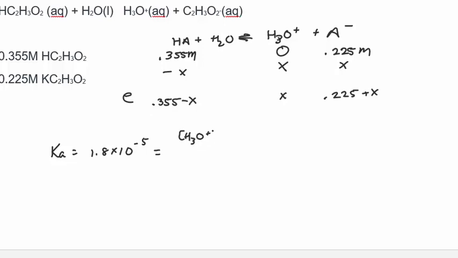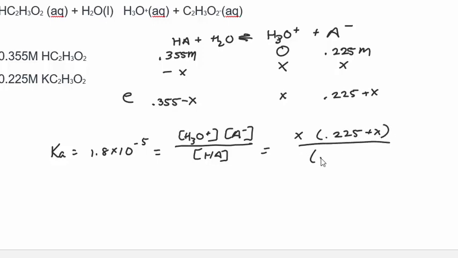So I plug in what I know, or what I have, and solve for what I don't know. Now we are on the cusp of not being able to simplify. I'm going to simplify. And then I find that x is equal to 2.84 times 10 to the negative 5.